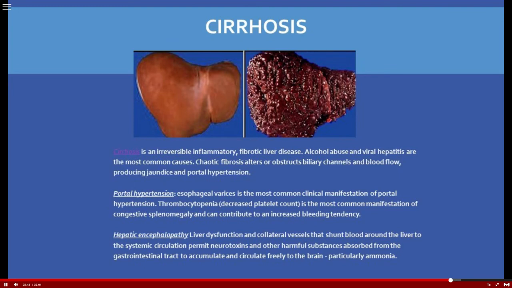But when there's liver dysfunction, the collateral vessels begin to shunt blood away, and it's very haphazard how the blood is even getting through that liver, which means the blood doesn't have a lot of time to interact with those wonderful little Kupffer cells, right? So what ends up happening is some of these harmful substances, in particular ammonia, build up.